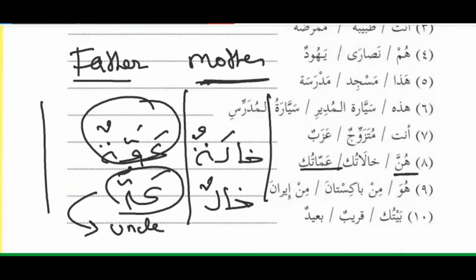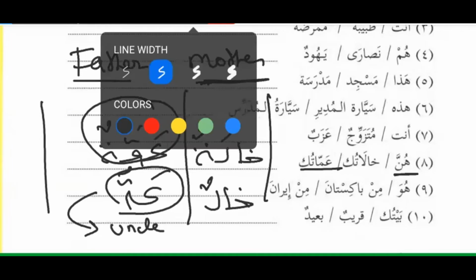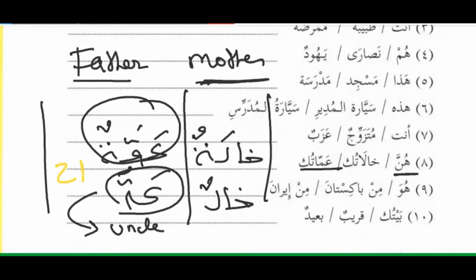So Ammun is Akhul Abbi, brother of father. Then Ammatun is Ukhtul Abbi, sister of father.